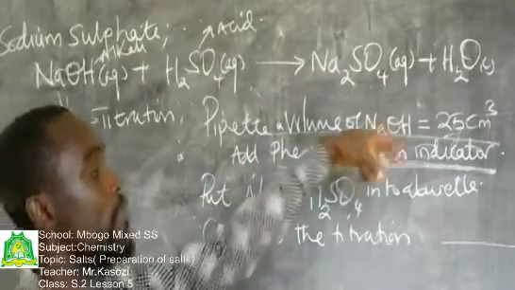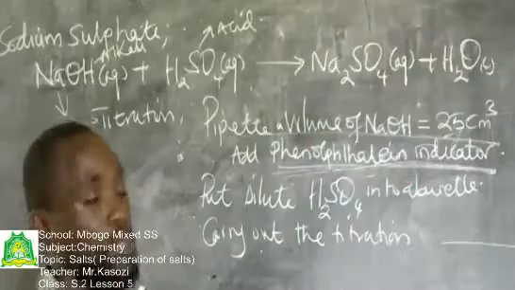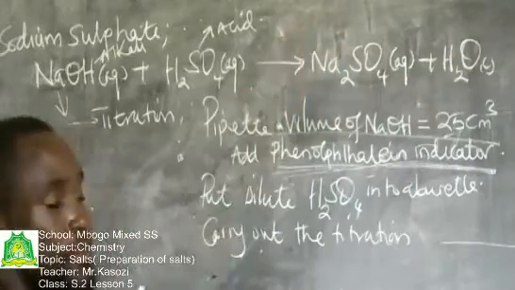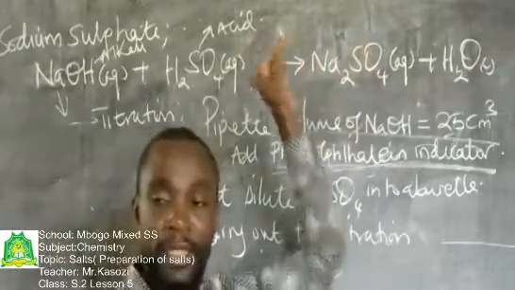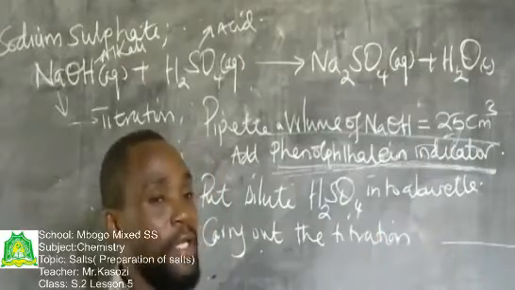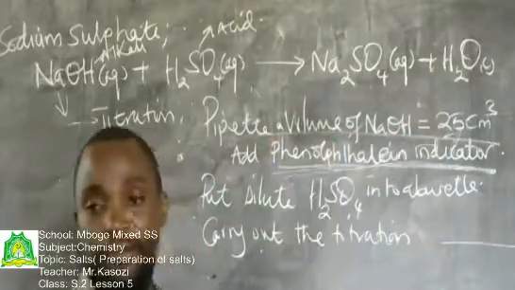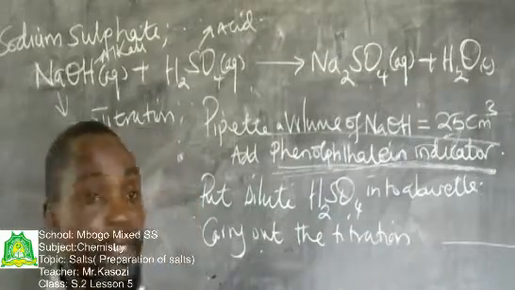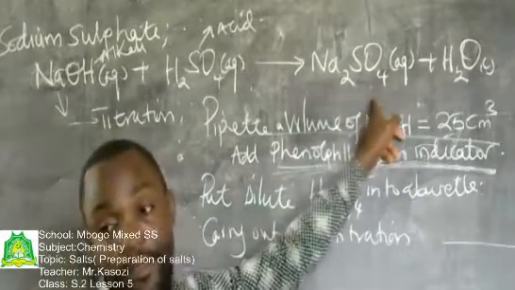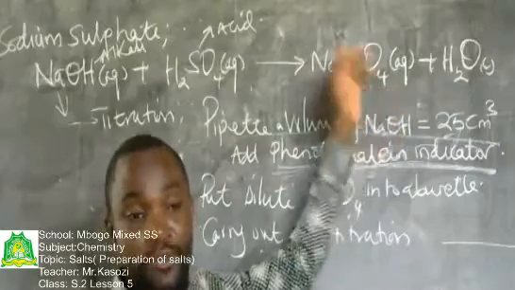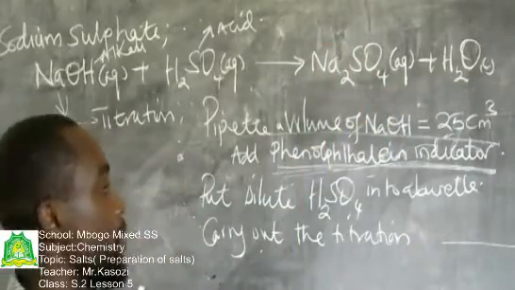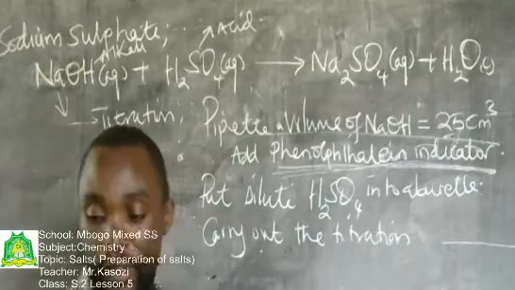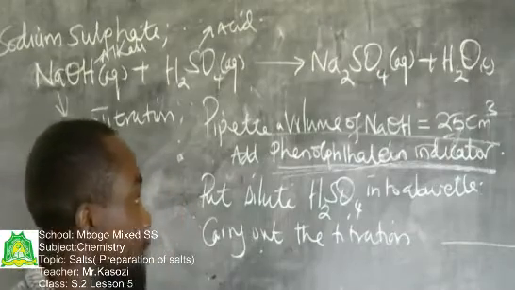If maybe 22 cubic centimeters were used to neutralize 25, you come back and measure exactly 22 cubic centimeters, add it to 25 cubic centimeters. From there, the reaction takes place. You start a mixture, then you get your sodium sulfate, which is in solution, but we want it in crystalline form. Then you carry out what you call the crystallization process.